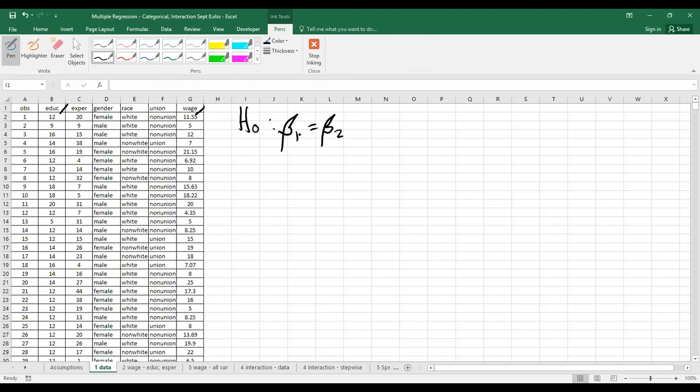Sama natin intercept. B0 is equal to B1 is equal to B2 is equal to 0. No? So gusto natin malaman kung significant ba yung mga parameters natin. This is your intercept. This is your education. And this is your experience.